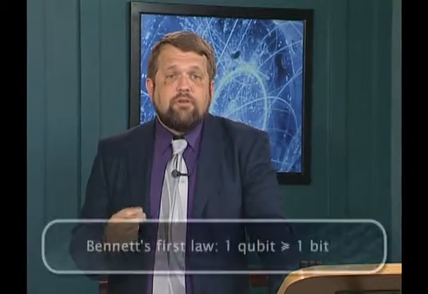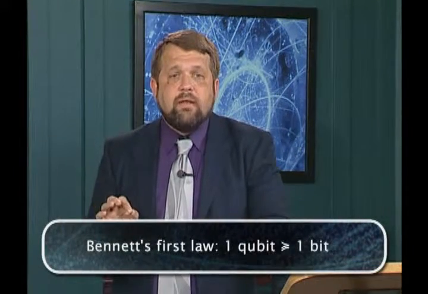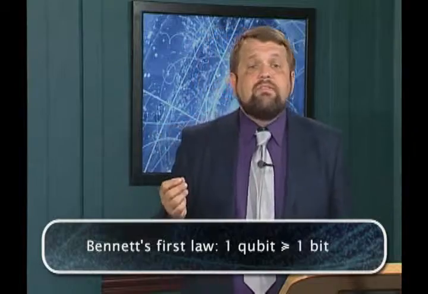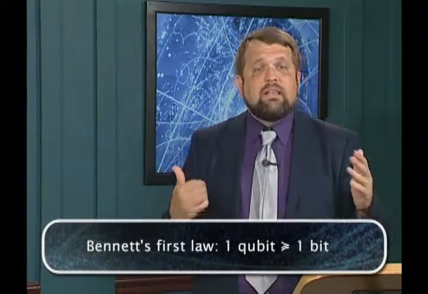Okay, so let's go through Bennett's 4 laws of quantum information. The first law is actually something that we've already seen. Bennett's first law says that 1 qubit can do the job of 1 bit. What does that mean? It means that we can send 1 qubit from Alice to Bob and use this qubit to send a 1-bit classical message.